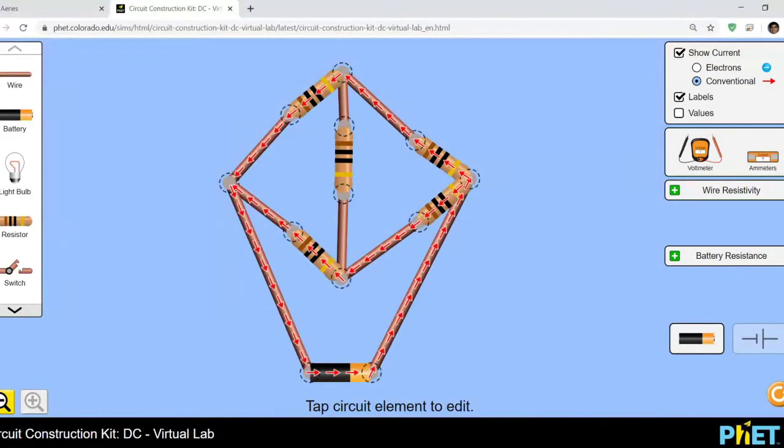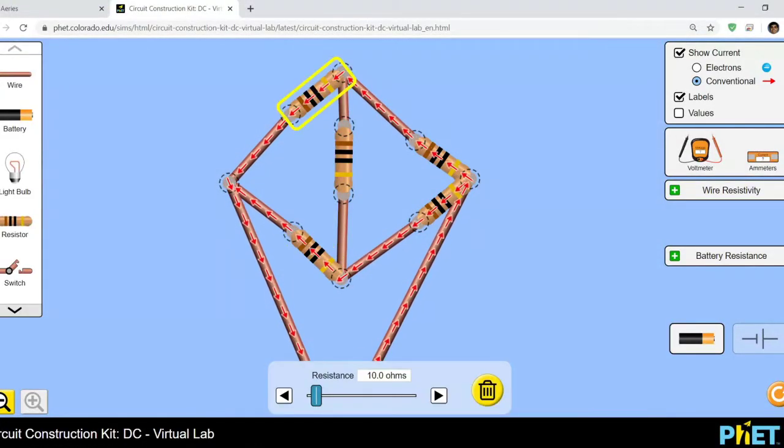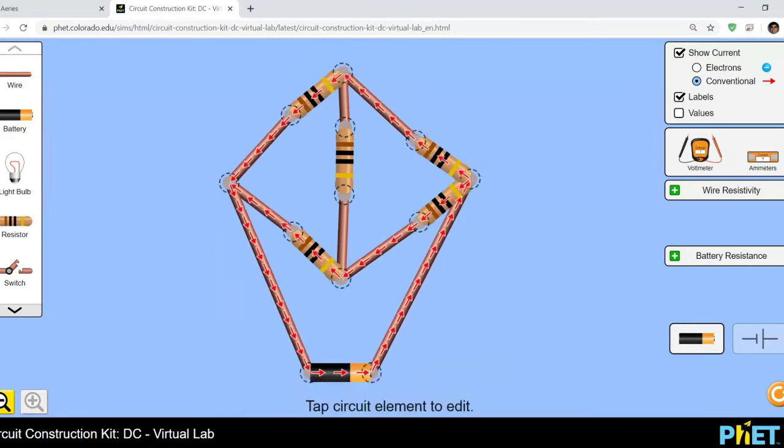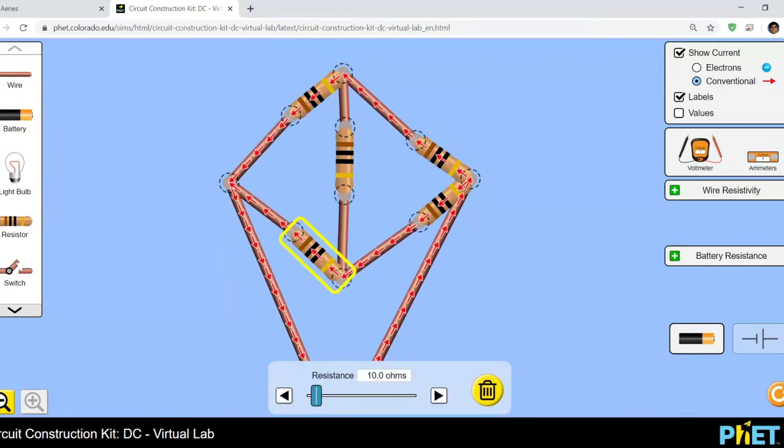Okay. So again, because the values of my resistors are all the same, it is symmetric, this will give us zero current flowing through. So we don't want them to be symmetric. What do we say? 10, 30, 30, 56. Again, you can make your own or copy mine. 56. This one was also 10. So 10, 10.